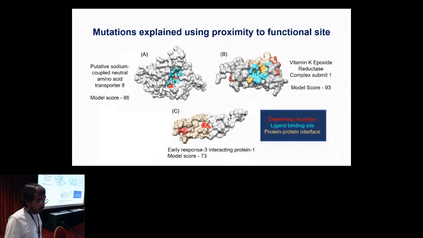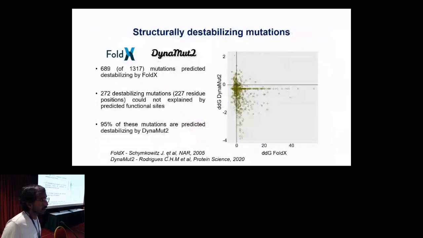Along with this, we also checked the structural stabilization of the mutations. We used two tools for the purpose because delta delta G calculations are a bit tricky, and we didn't want to base our final conclusions on only one tool. Here is the delta delta G for FoldX on the x-axis and DynaMut2 on the y-axis.